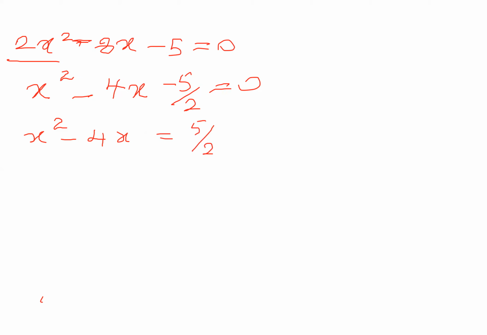Now what we want to do is write the completing the square for these two terms. When we write the completing the square, there should be the x squared term, the x term, and also the constant term.